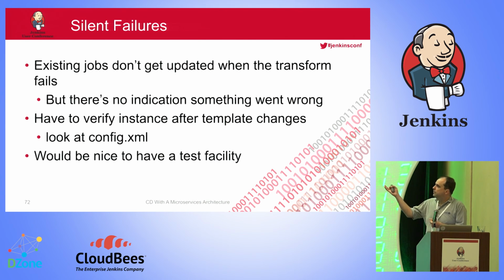So there's no indication that something went wrong. So after you make changes to the template, you have to verify that the changes took effect by looking at the config.xml or creating a test job or something that indicates to you that it was successful. So it would be nice to have some sort of a test facility in the template plugin.